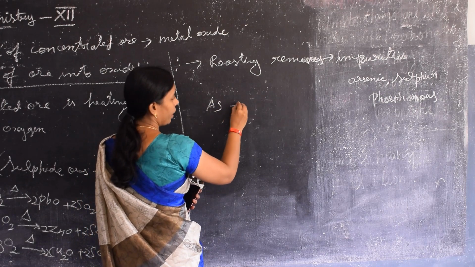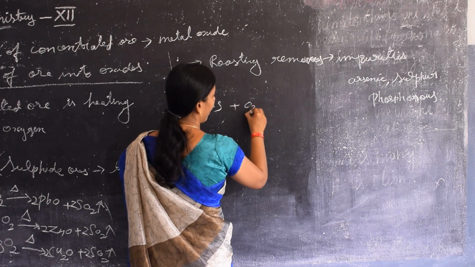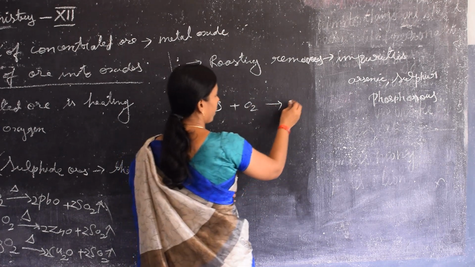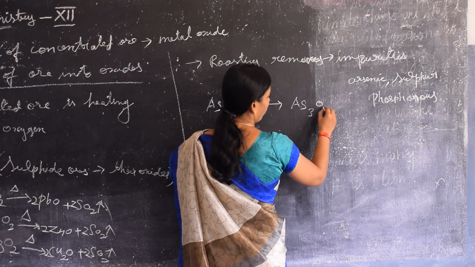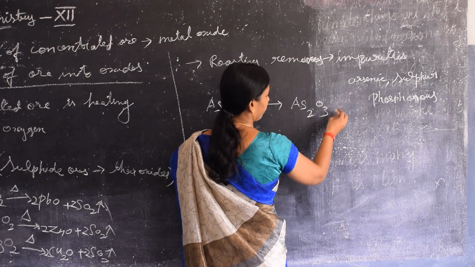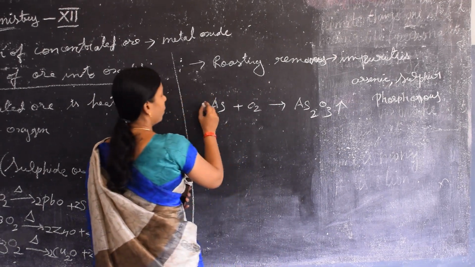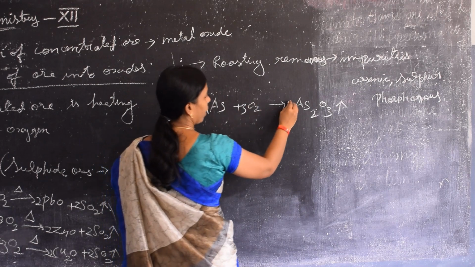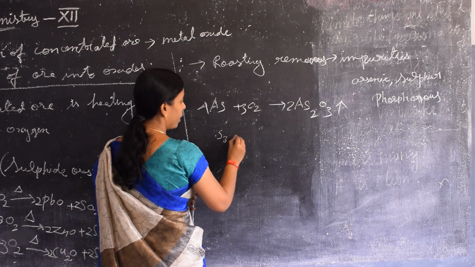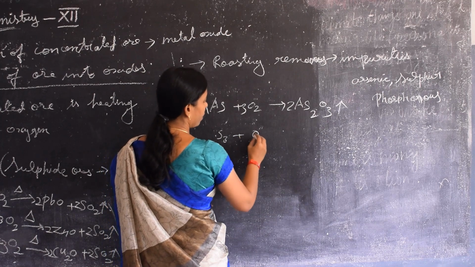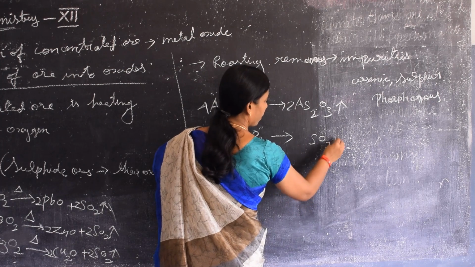So arsenic is oxidized to form arsenic trioxide, As2O3, expelled as a gas. Here 4, 3 and 2. And then sulfur is oxidized to form sulfur dioxide.